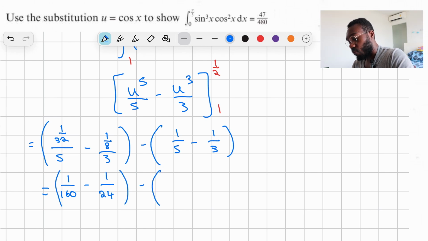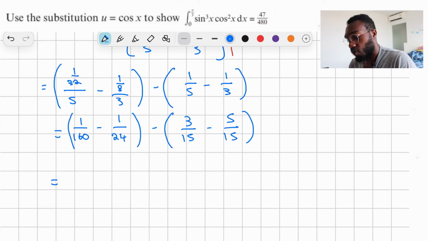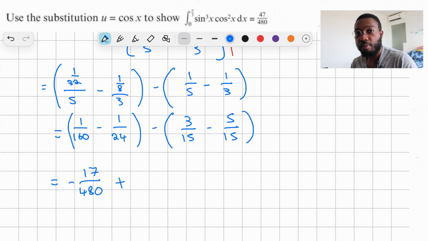Well, let's just do it in 2 stages. So we get 3 over 15 minus 5 over 15. If you work it out on your calculator to save time, 1 over 160 minus 1 over 24 would give you minus 17 over 480. And with this one, we get 3 minus 5, so that gives minus 2 over 15, but it's being times by that minus, so we get a positive 2 over 15.